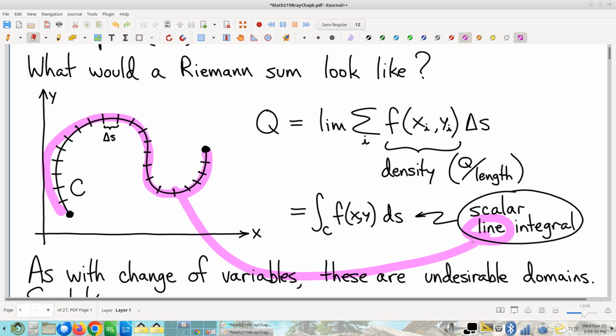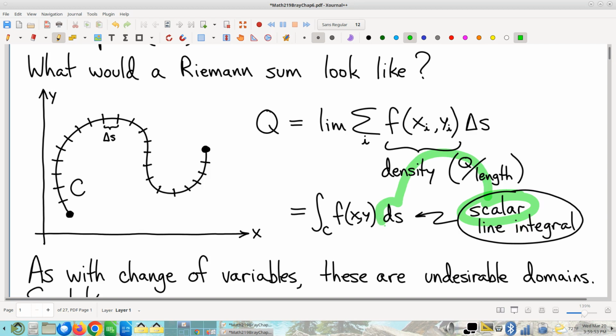Next question: why do we call this specifically a scalar line integral? It turns out we're actually going to have, not yet, but very soon, two kinds of line integrals. This one is distinguished by the fact that the differential is a scalar and the integrand is a scalar. And you might be thinking to yourself, well, what in the world else could they be? What we're going to find on Monday is that the other kind of integral has a vector differential, which is a little scary.